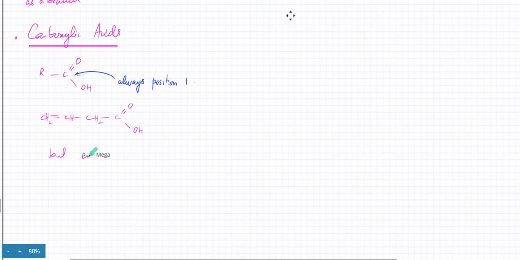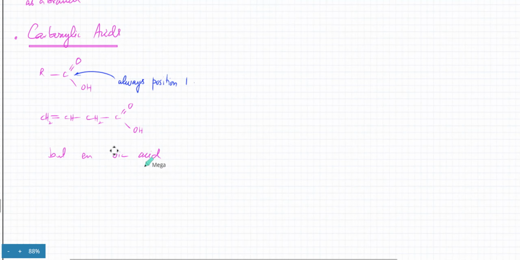En becomes en, and it's going to become oic acid. Usually, just like aldehydes, you never mention carboxylic acid position. You can mention it, but it's pointless. Just like an aldehyde, there's no need to actually mention where the carboxylic acid is, because it's always going to be at the end, and all your countings are going to start from this one.